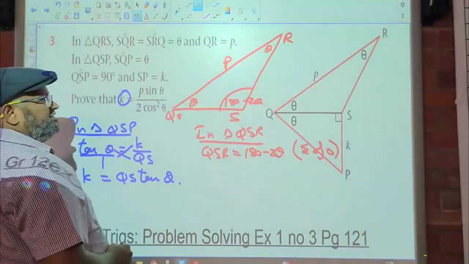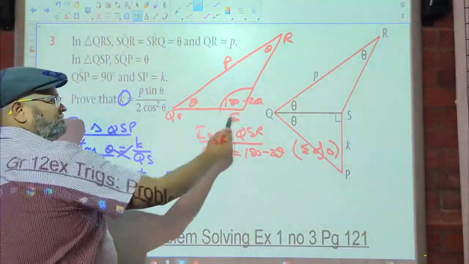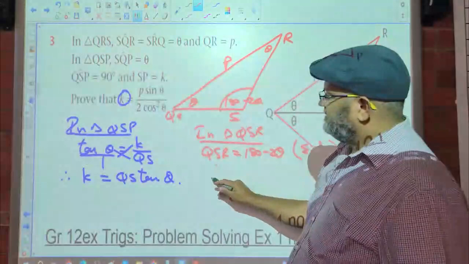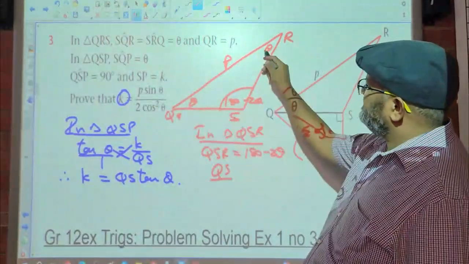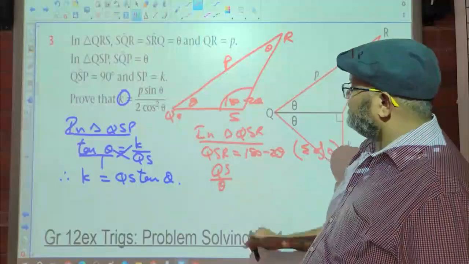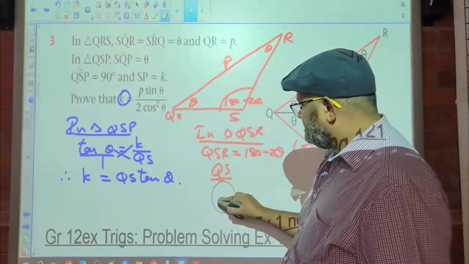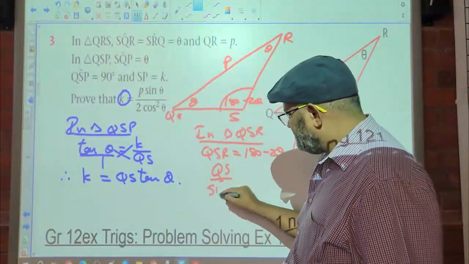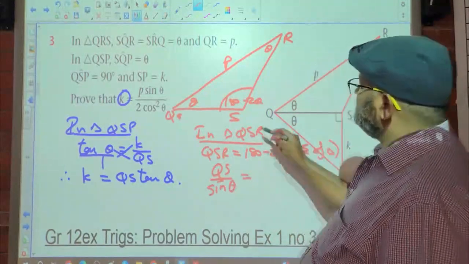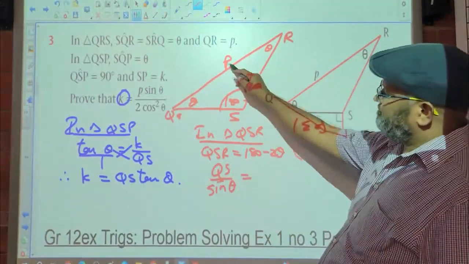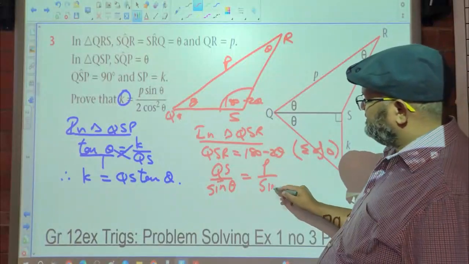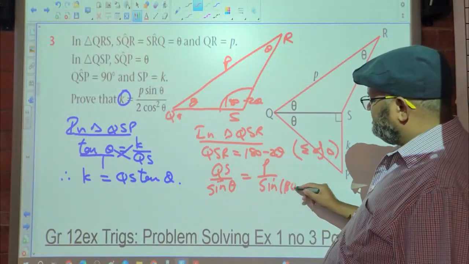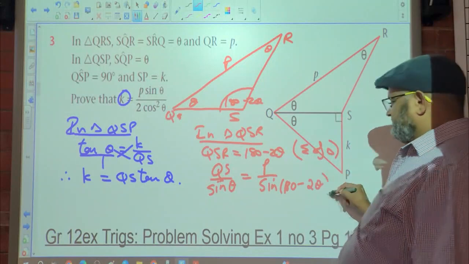So what do I say? We want to make QS the subject of the formula, not so? So QS over sine theta is equal to P over sine of 180 minus 2 theta.